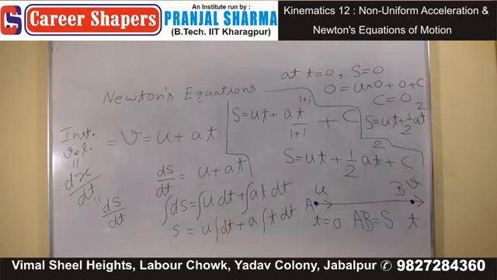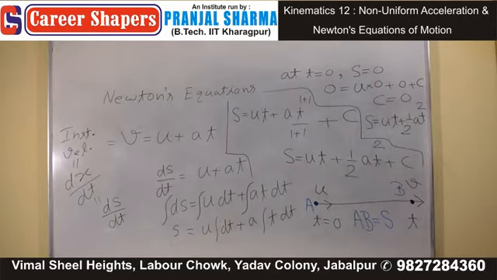What is displacement in 2 seconds? You will say 6 meters. When I ask you what is displacement when time is 0, you will say that the object is at the starting point itself and therefore displacement is 0.